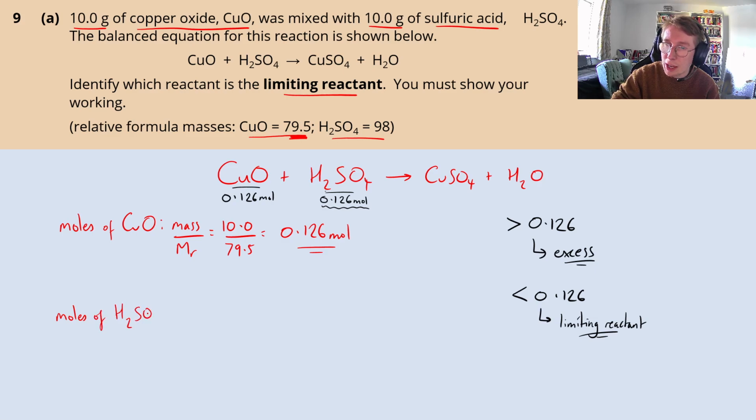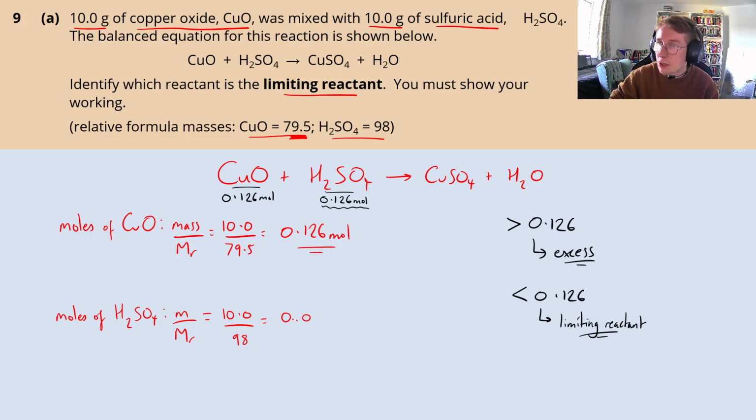So the moles of H2SO4, once again, we're doing the mass divided by the relative formula mass, which is, once again, 10.0 grams, and we're dividing that by 98. And if you do that calculation, you get an answer of 0.060. No, you don't.